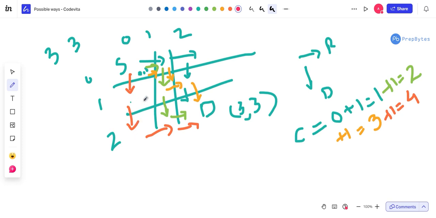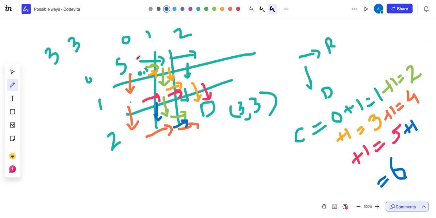Rather than going down here, he could have gone right and again right, and then there's no more right, so you go down. So plus 1, you have a 5. Lastly, rather than going all the way to the right, he could have taken a down here and then a right. So there's one more way, plus 1, you have a total of 6 ways. So that is how you have the answer 6. For this given 3 into 3, the output is 6. These are the number of ways, and you can see the color coding.